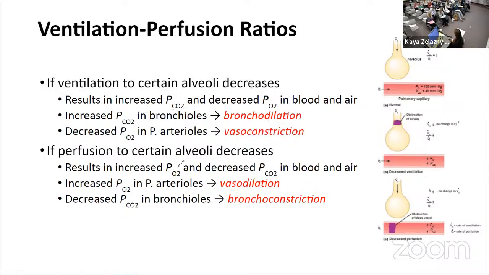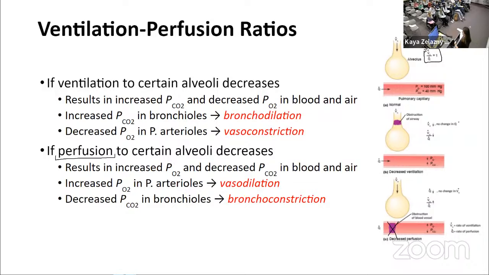Now, the opposite thing kind of happens if you change the perfusion. If you change the blood flow, now we're talking about the bottom image. So you obstruct the blood vessel. We're not getting blood flow anymore. We want to maintain that ratio where we have our airflow and our blood flow the same, at a ventilation-perfusion ratio of 1.